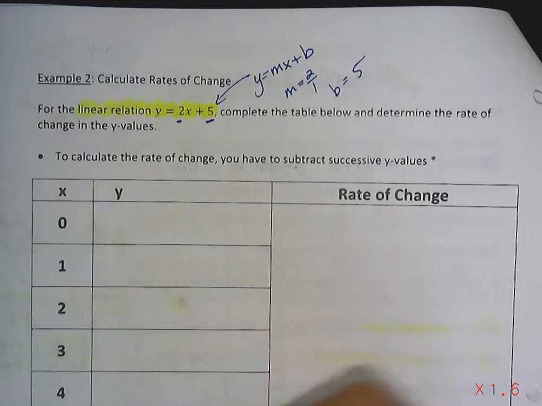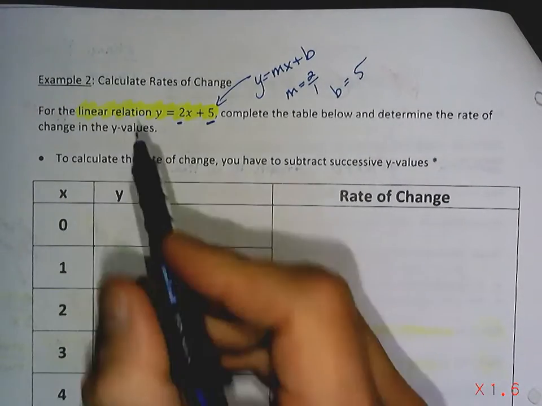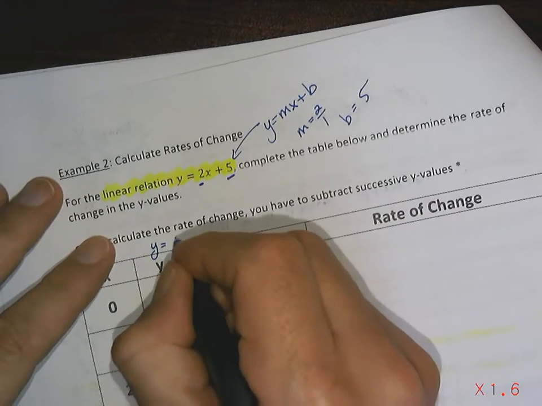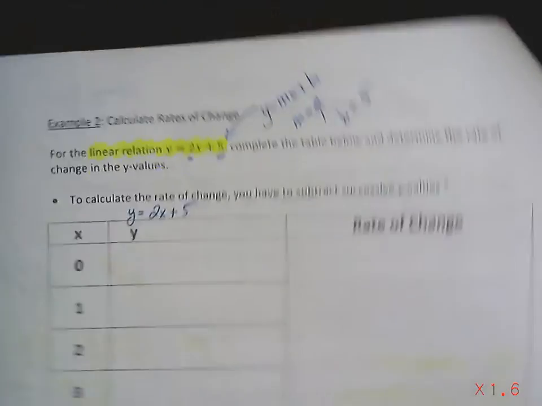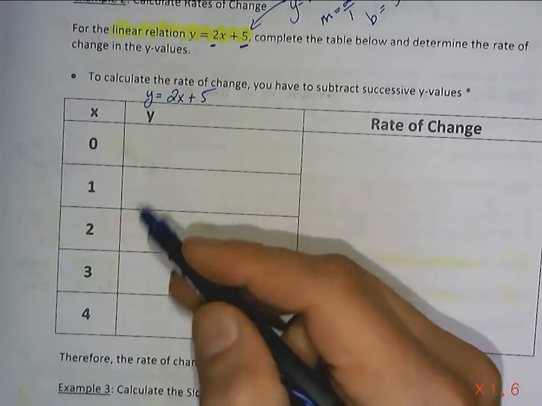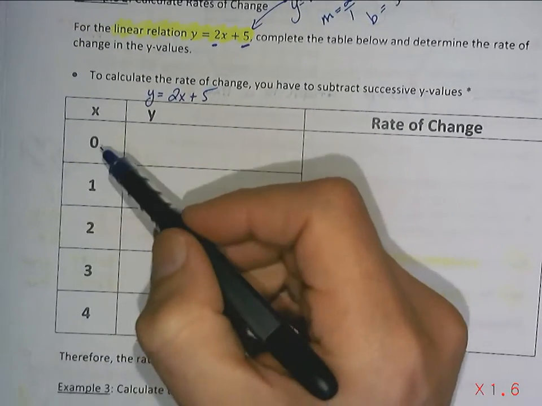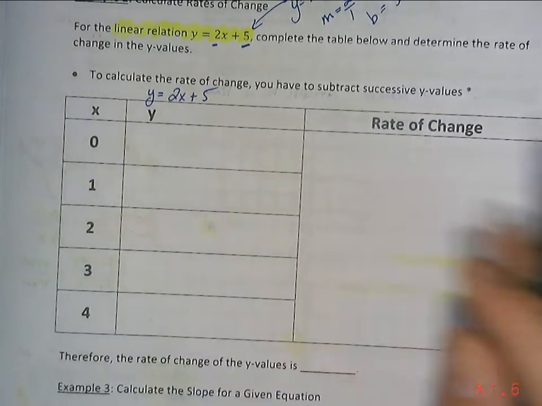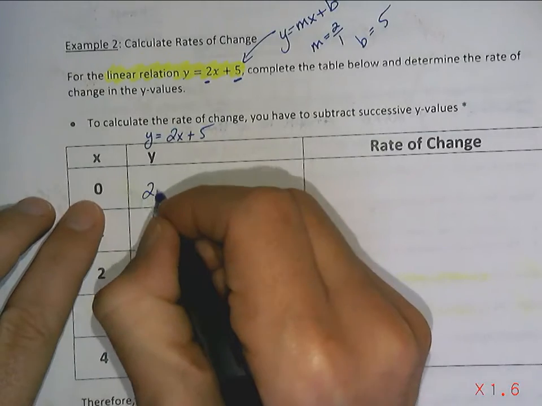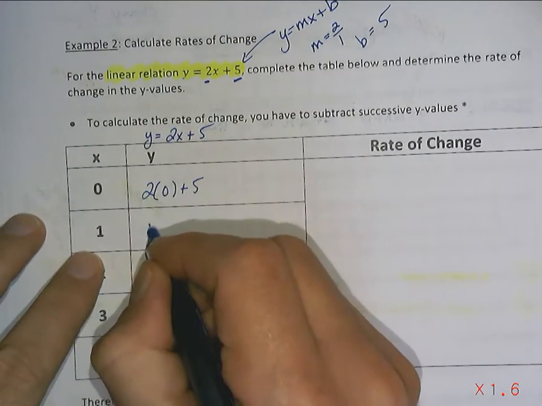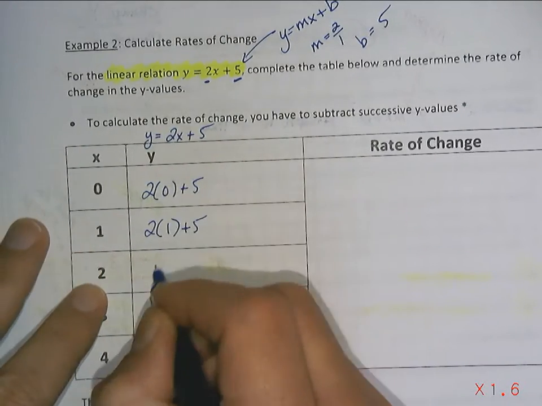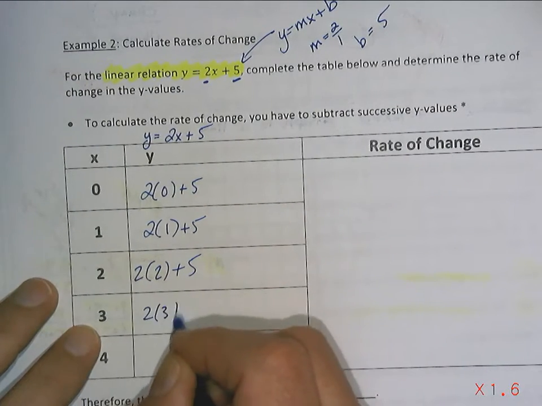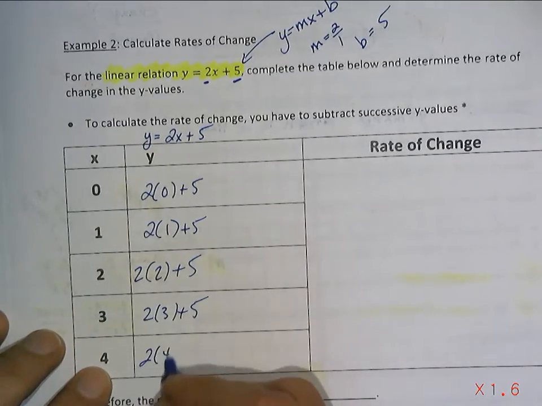Okay. Complete the table below and determine the rate of change in the y values. This is a linear relation that follows the rule y equals 2x plus 5. Now you get to choose the values of x that we put in. In this particular question, they gave you 0, 1, 2, 3, and 4. So we're going to put in 0 for x, 1 for x, 2 for x, 3 for x, and 4 for x.